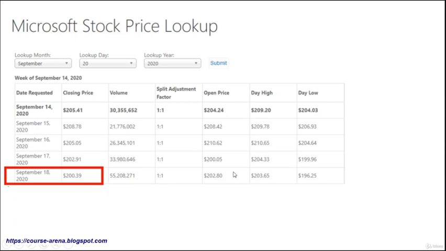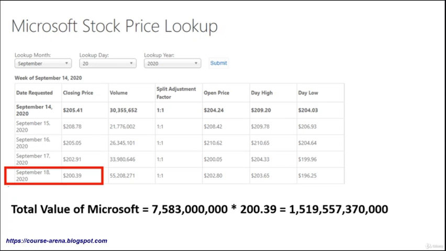So you can see that the share price opened at 202.8, and then it was trading at the highest of 203.65 and lowest of 1.96 shares, and a total of 55,208,271 shares were traded from investors to other investors, and the closing price of the share was 200.39.